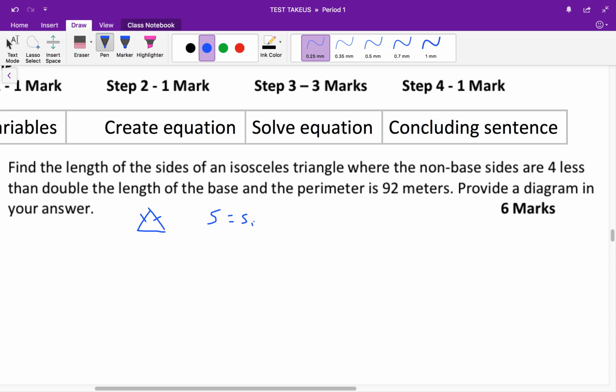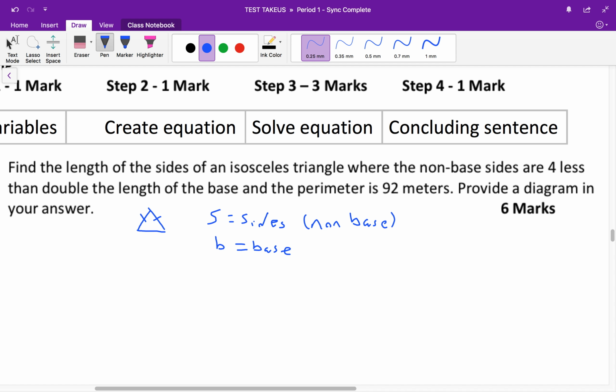So S equals sides, non-base. And we'll label B as our base. Our base side.